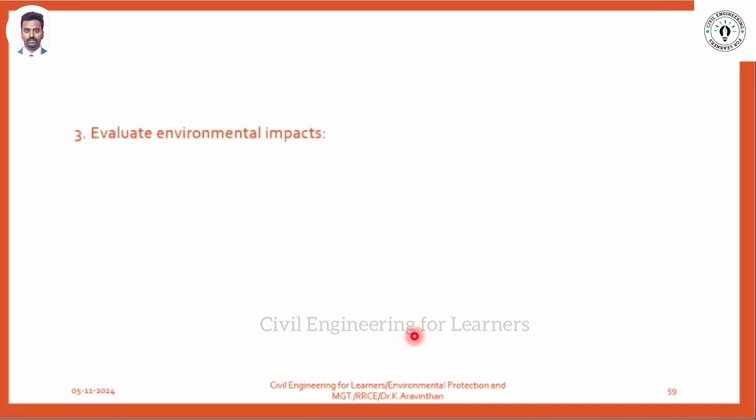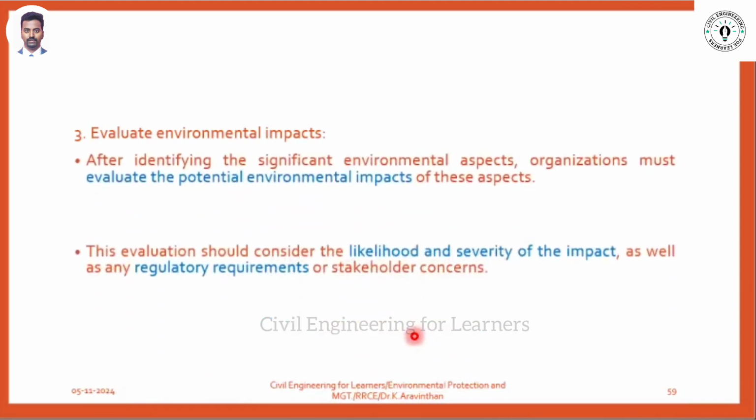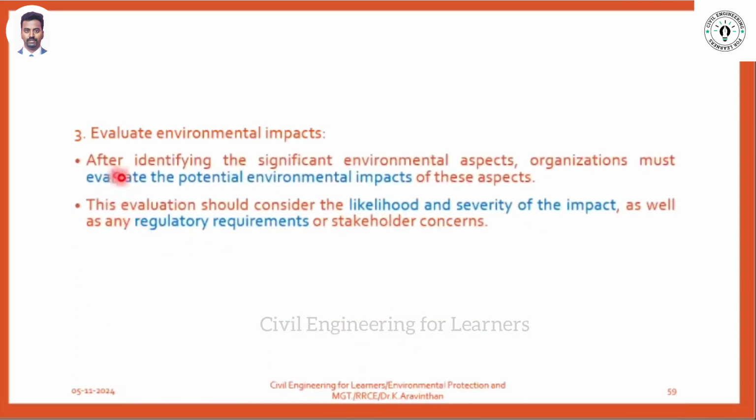Then third thing is evaluate the impact. If you find certain aspects, then you can evaluate the impacts: evaluation of potential environmental impact, likelihood and severity of impact. What is likelihood? Likelihood is when it will happen.